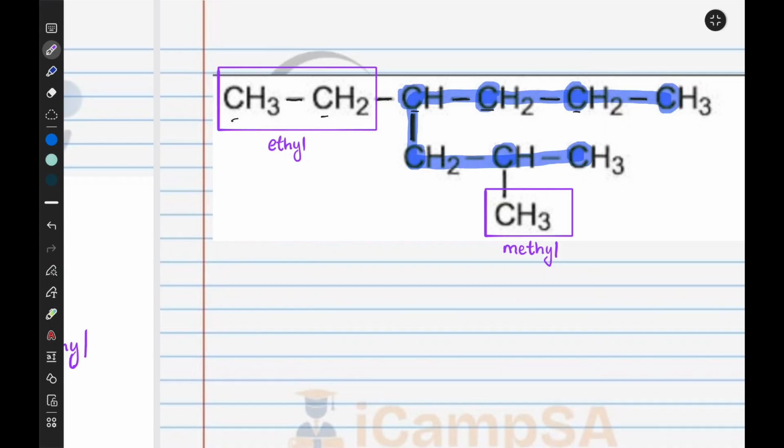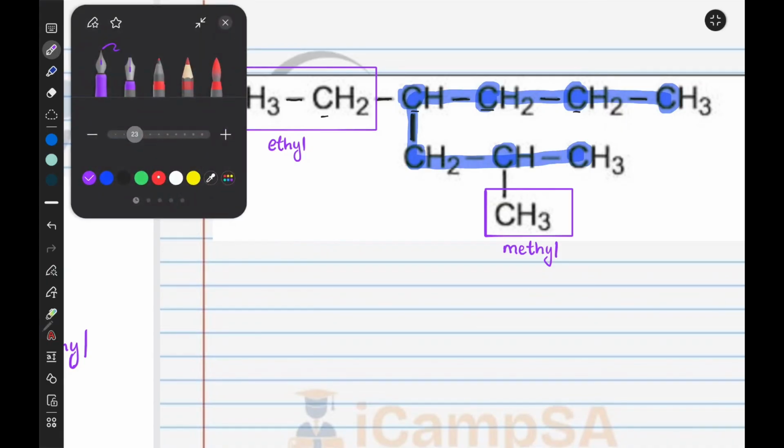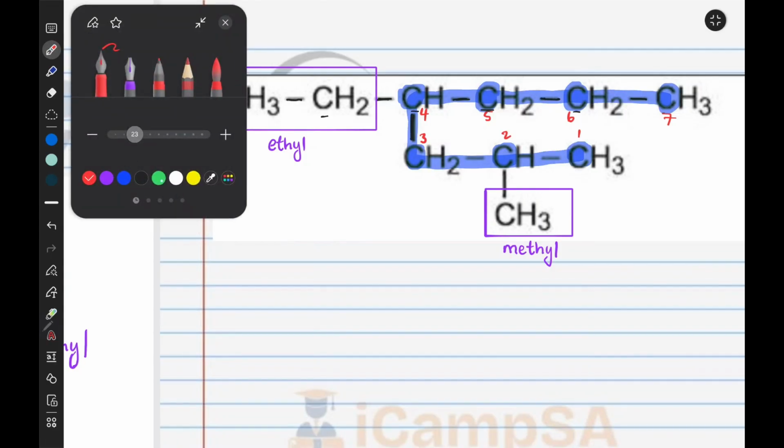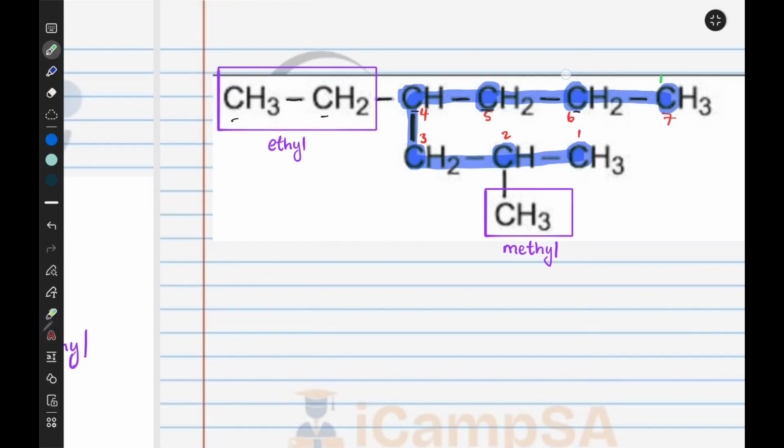So if I count from here, 1 2 3 4 5 6 7, my ethyl group becomes number 4. On the other hand, if I count from here, 1 2 3 4 5 6 7, either way my ethyl group will be number 4.